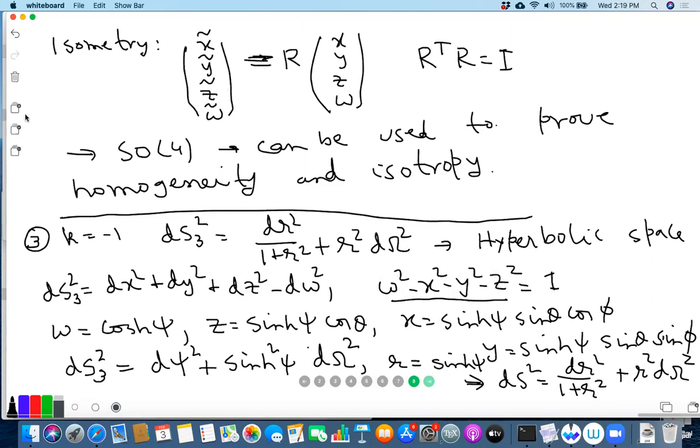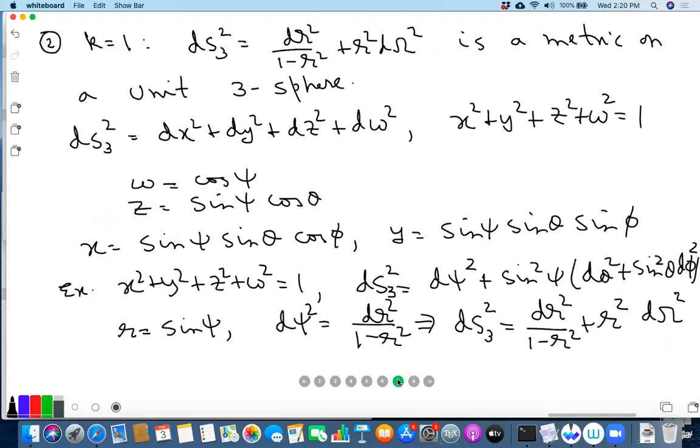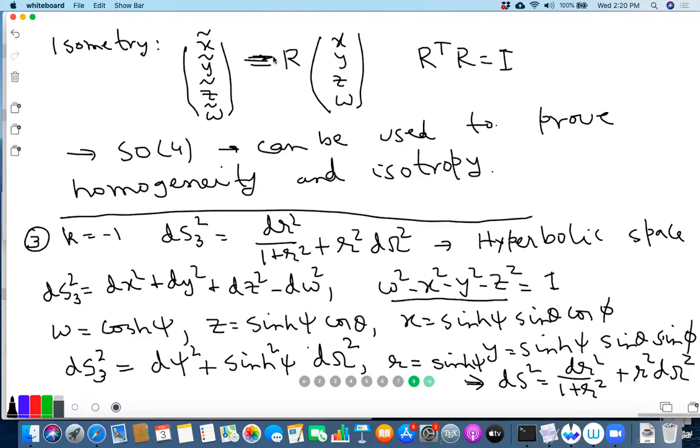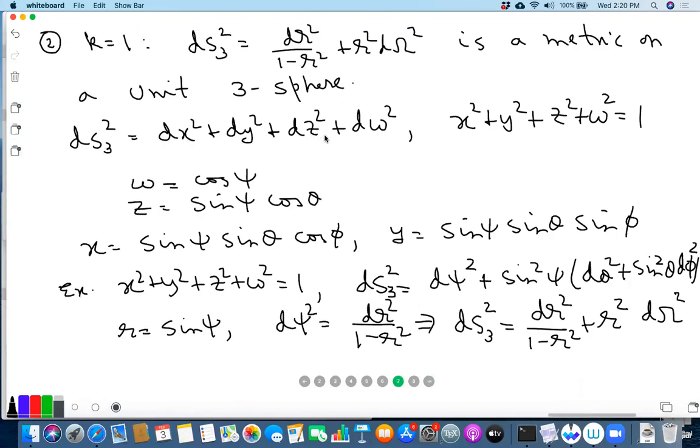In the previous case, we couldn't have changed the sign anywhere. Once you have taken this to be positive, the fact that there is this SO4 isometry relies on two facts. One is that the metric is invariant under that, but also that the constraint is invariant. So the same isometry must preserve both the constraint as well as the metric.